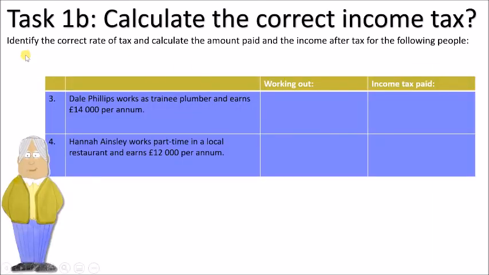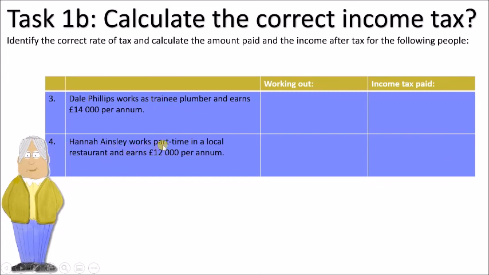Now here you've got, on task 1B, Dale Phillips, who's a trainee plumber and earns £14,000 per annum. So you do need to work out 2 layers for Dale. You need to work out his 0 to 12,500 layer, and then you work out his 12,501 up to 14,000, and that tells you how much he's going to pay in income tax.